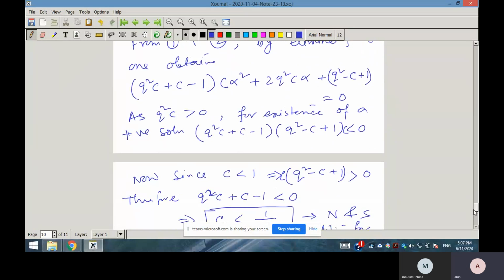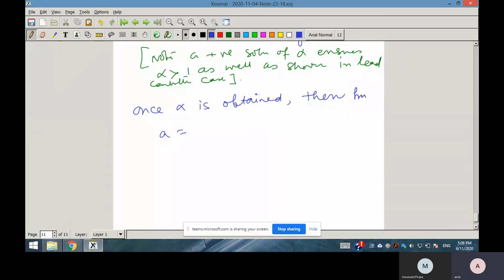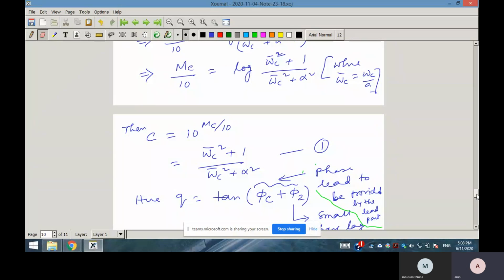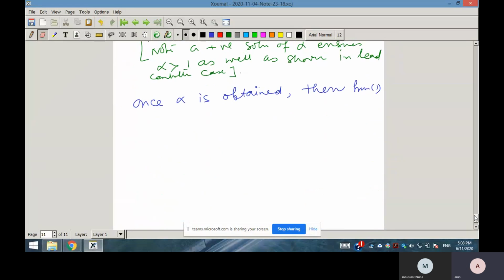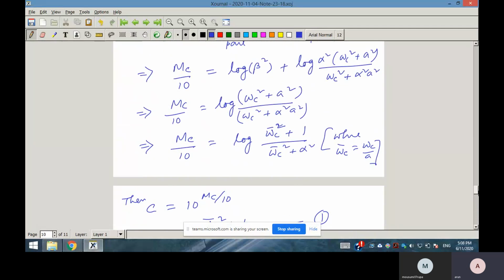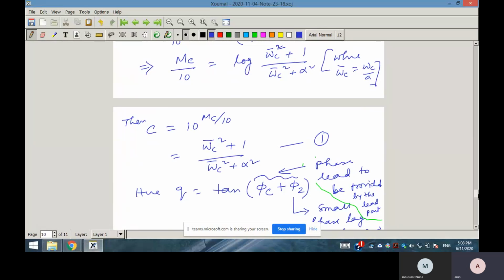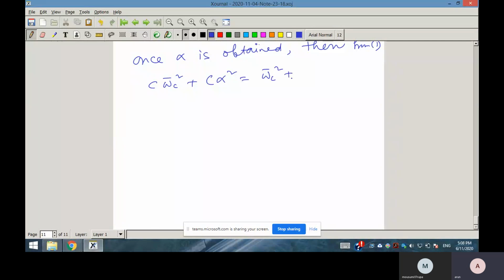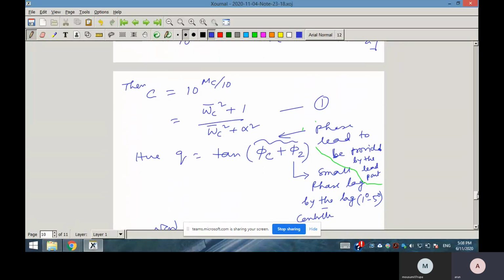So from 1, a will be equal to, from 1, c into omega c bar square plus c into alpha square, which is equal to omega c bar square plus 1.